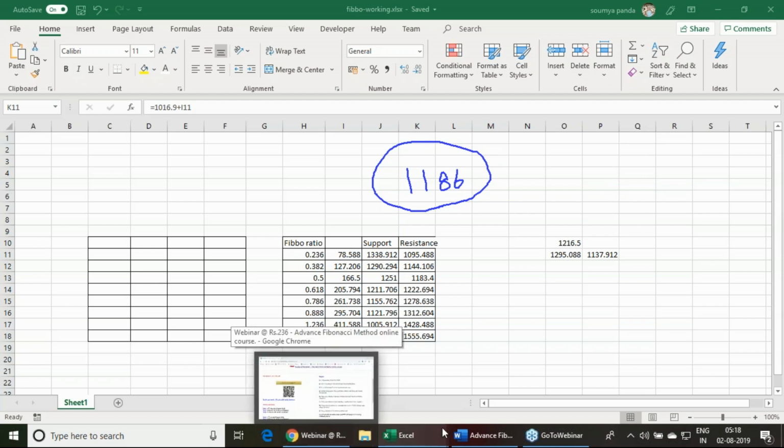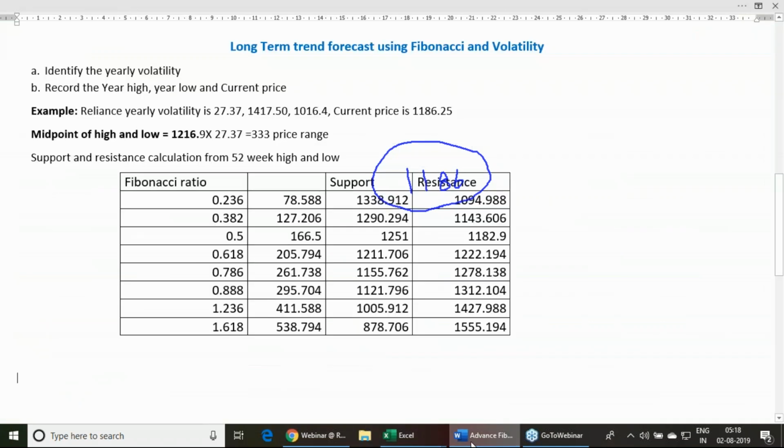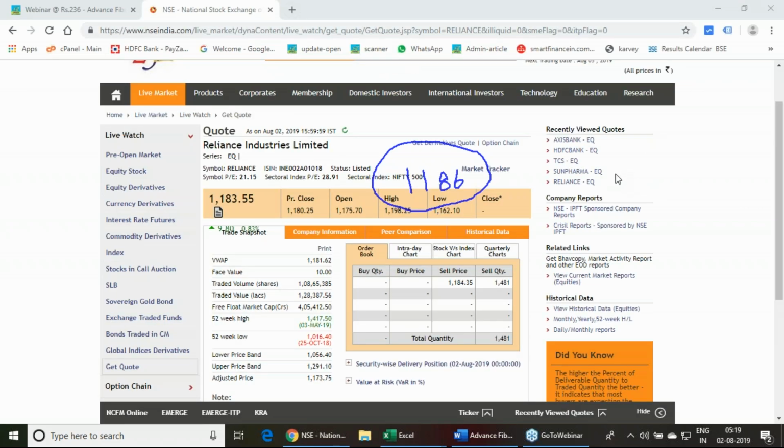Here we just want to know which day the low has formed, which day the high has formed, and what happened after. If you introspect these data points, 1417 and 1016.8, these are the two data points, you will find that the low formed in 2018.